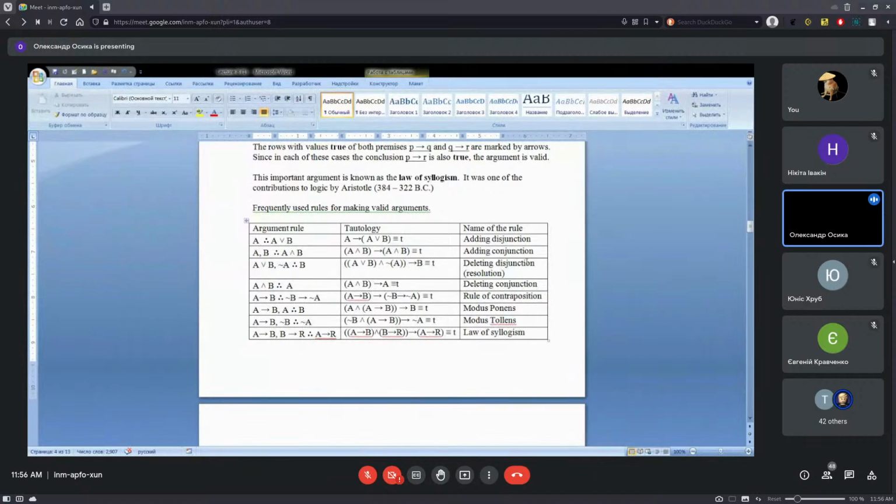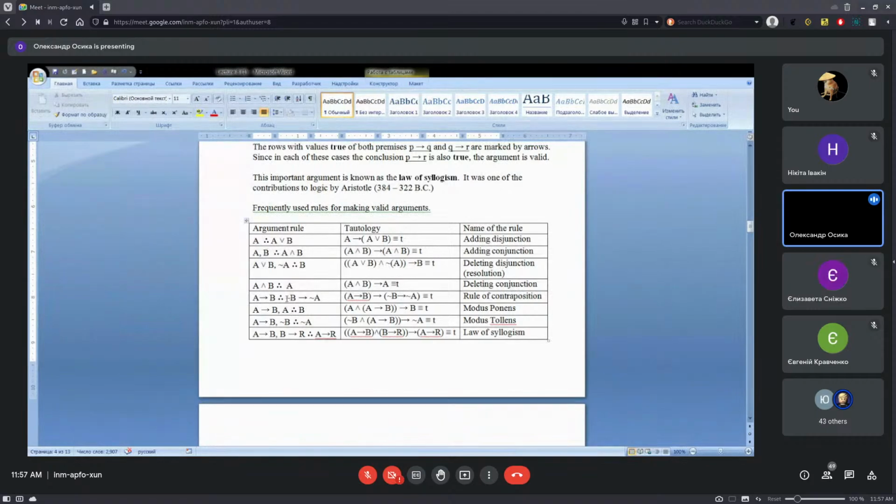Deleting disjunction, or method of resolution. A and B implies A. From here it follows: if this is true, then not B implies A is also true. We don't say that this is always true.